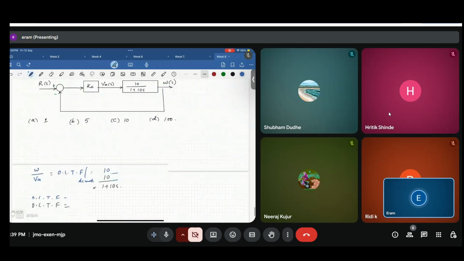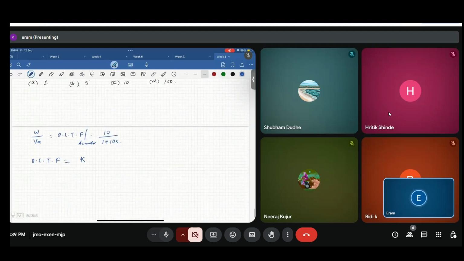There you will multiply with Ka also. So it is Ka into 10 by 1 plus 10s. Anyway, the time constant will remain the same, because we can compare it with the standard model, which is 1 plus s tau. So tau in this case is 10. Okay, if you compare the denominator.